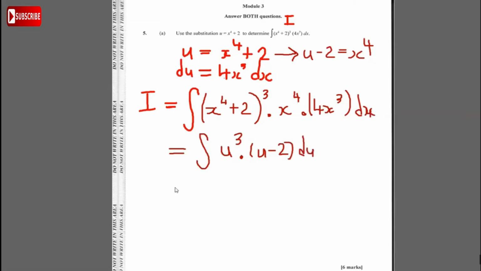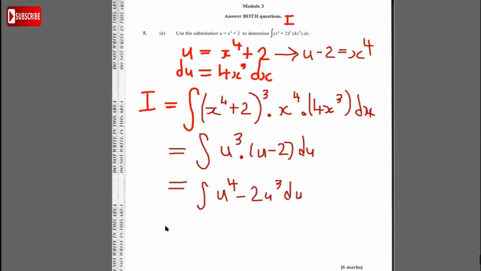Nice and easy. So we can go ahead and finish this. We're going to have u cubed times u is u to the 4, then u cubed times 2 is minus 2u cubed du.